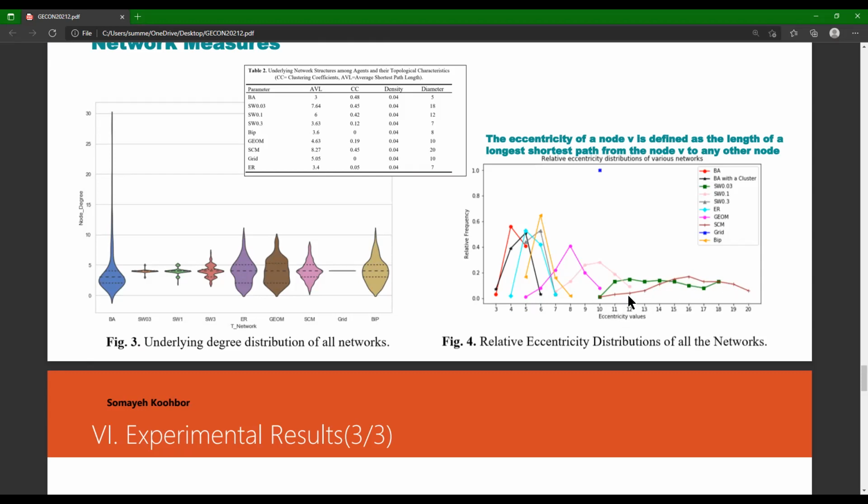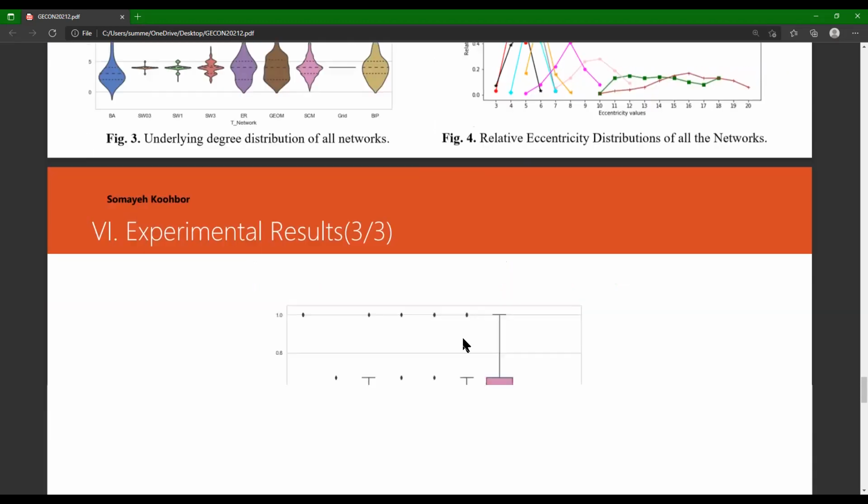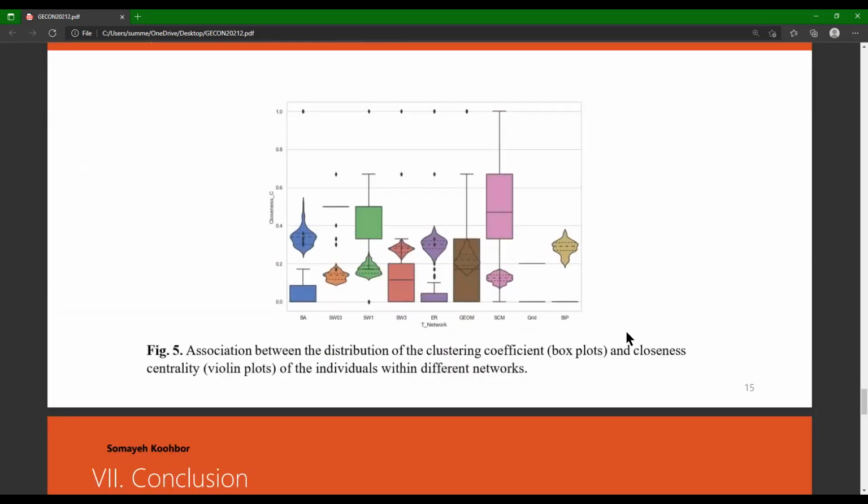In general, we see a trend for this small world network, and for SCM the trend is very different. The distribution of eccentricity values is different from other types of networks. So this gave us the motivation to look further into other network characteristics, so that we compare what's going on, what's the difference between our small world network and SCM.